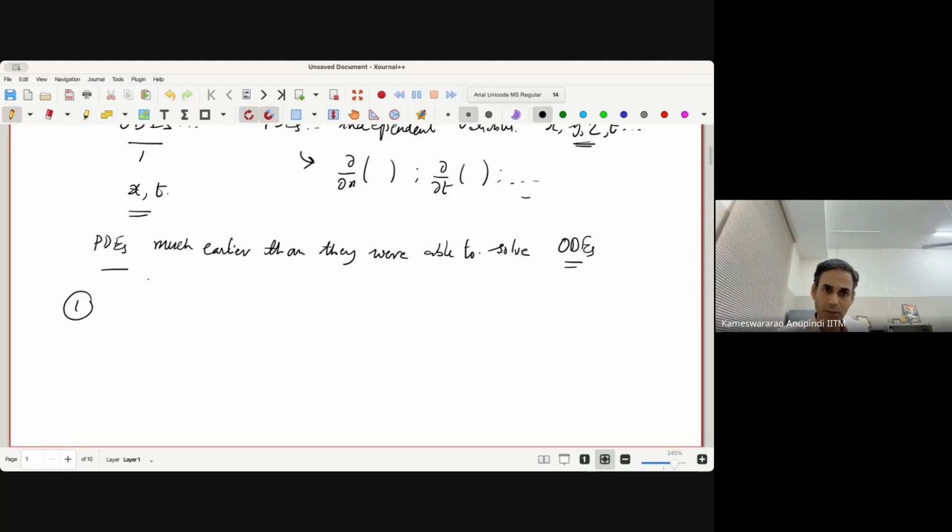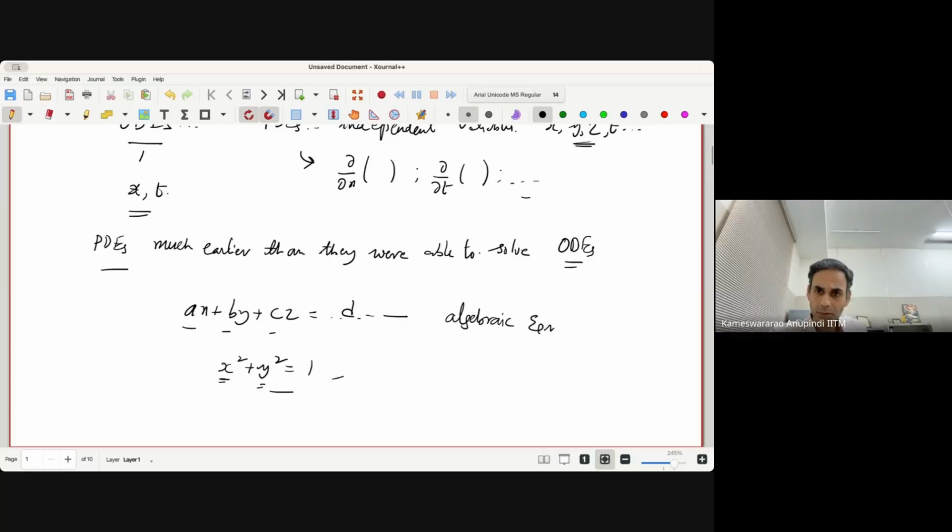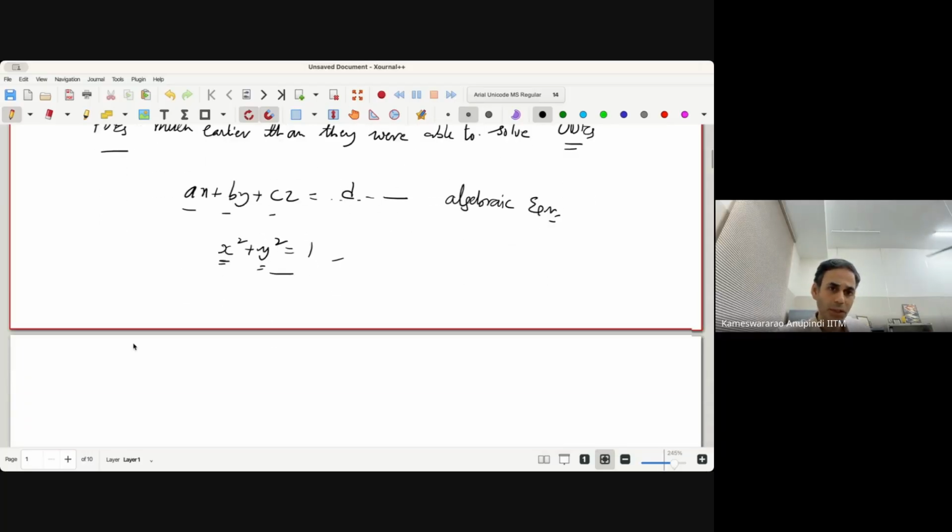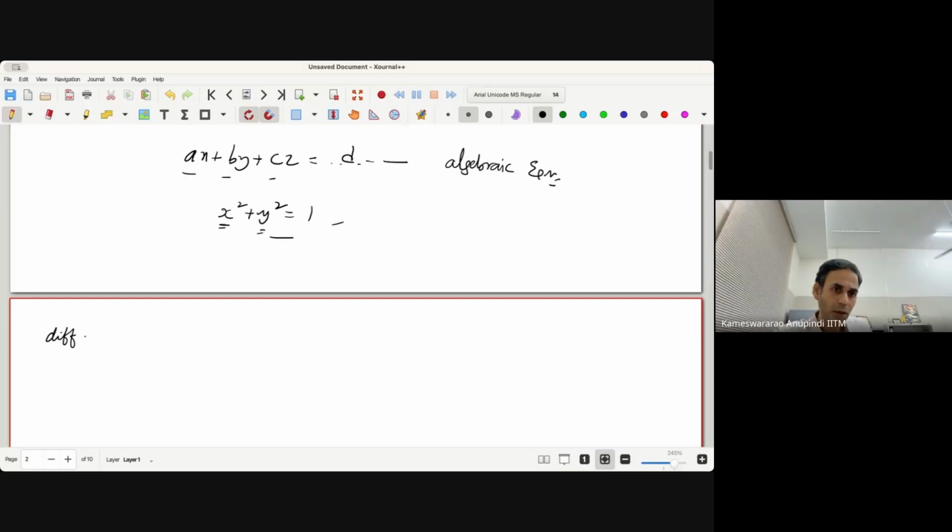If you have ax plus by plus cz equals some d, this is a linear equation because it is multiplied with constants a, b, c. Whereas when we have something like x squared plus y squared equals 1, this is a nonlinear equation. Those were algebraic equations. Right now we are dealing with differential equations, or ordinary differential equations to be specific.